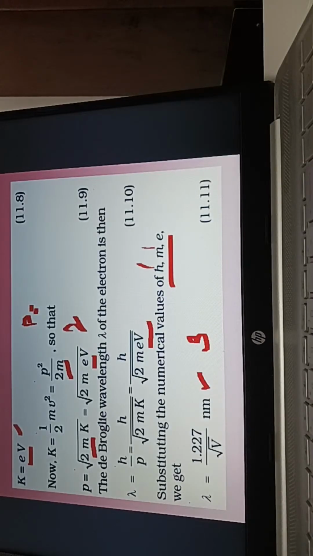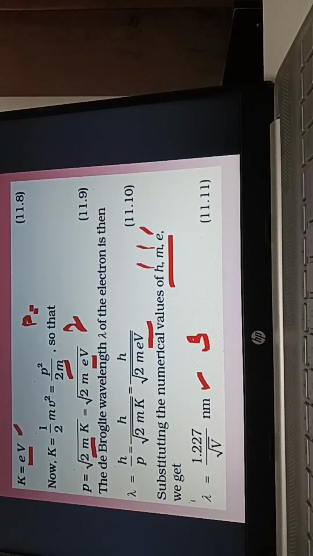M is the mass of electron, 9.1 into 10 to the power of minus 31. E is the charge of electron, 1.6 into 10 to the power of minus 19. If you substitute and calculate, you will get 1.227 in terms of nanometer. That means 10 to the power of minus 9 meters.